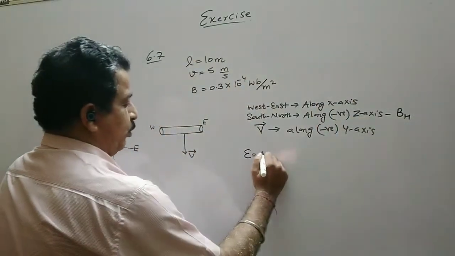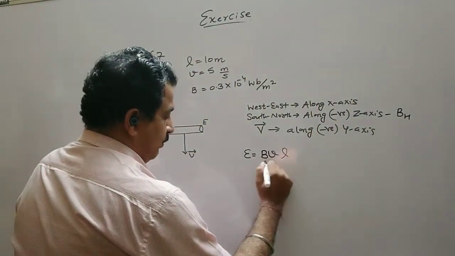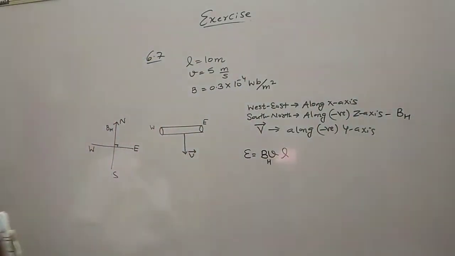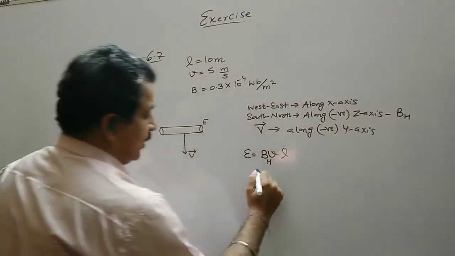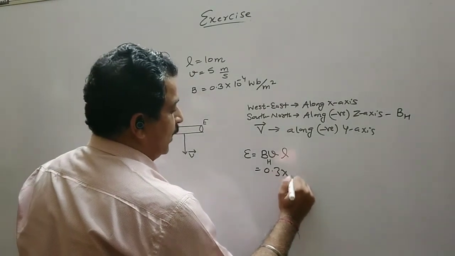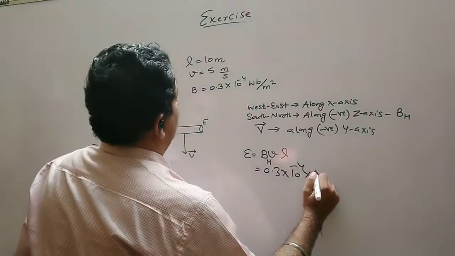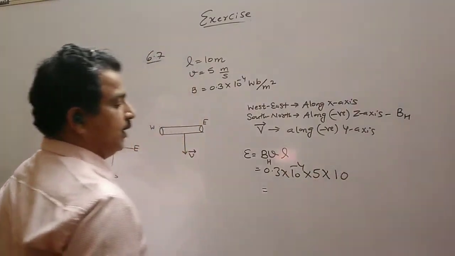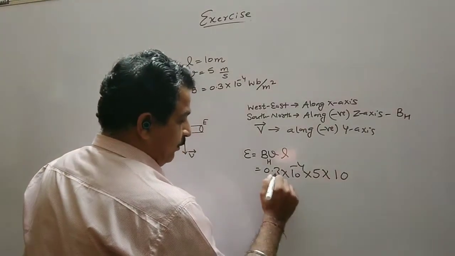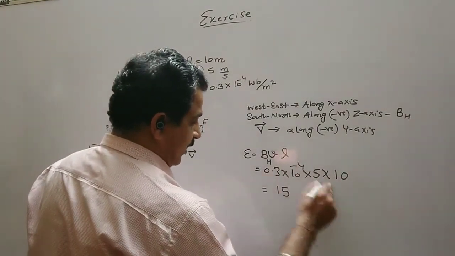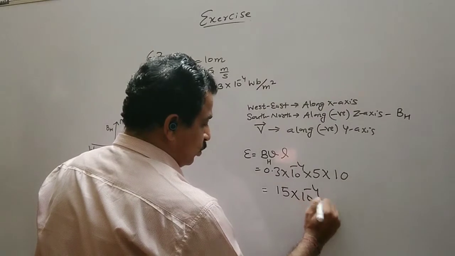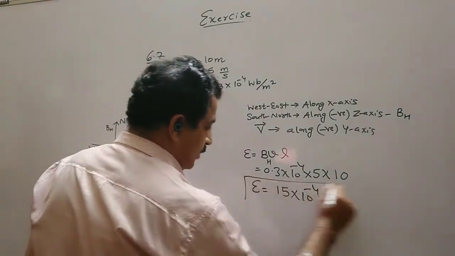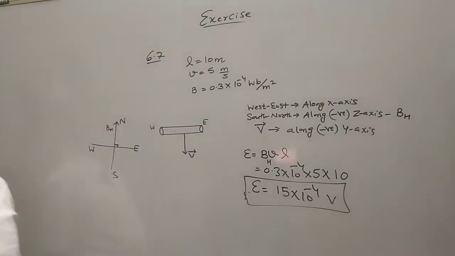So the magnitude will be BH V into L. This will be equal to 0.3 into 10 raised to minus 4 into 5 into 10. So this will become 15, that is 3 fives are 15, into 10 raised to minus 4. This is the EMF induced.